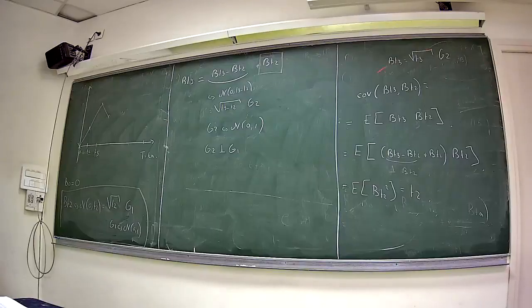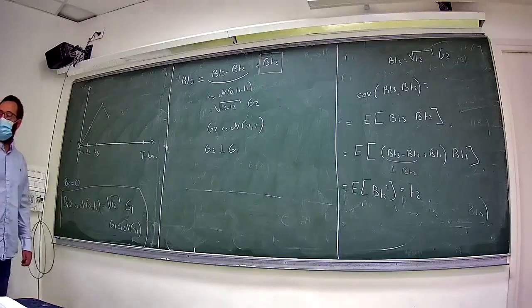So it should be possible to do the job like this, taking into account the fact that G2 and G1 have a particular covariance. But if I want to overcome this problem, just write, in fact, what I have used here to make the increment appear, and in this way, I obtain something that I have to generate. I know its distribution, and I know the fact that it is independent. Okay?